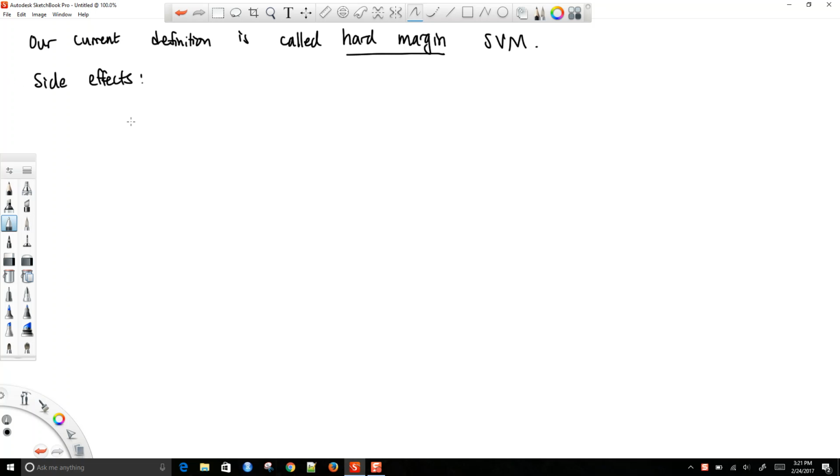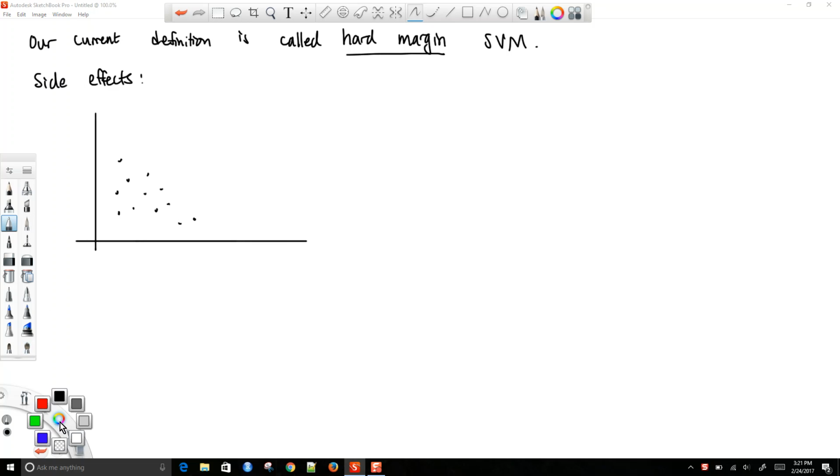I don't know if we want to say it's a side effect, but we might have a data set where it looks kind of like this. Of course, you're never going to get a classification problem like this. If we do this, the margin would go right down the middle, and that would be perfect.